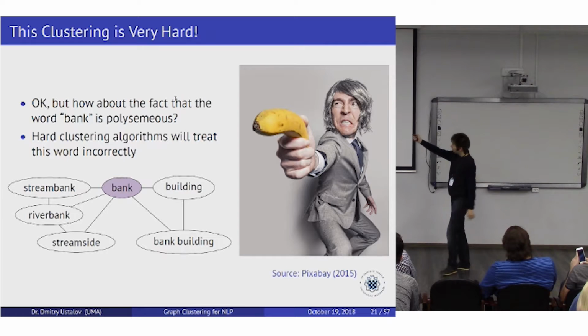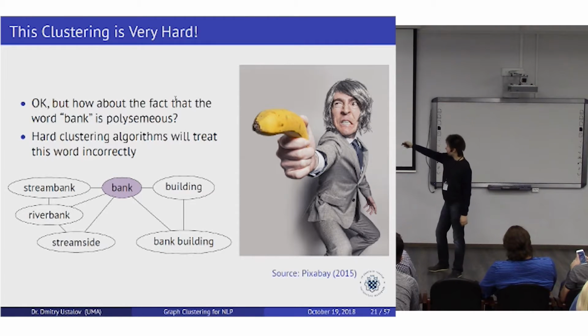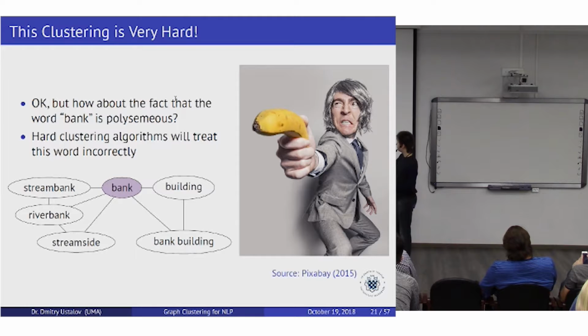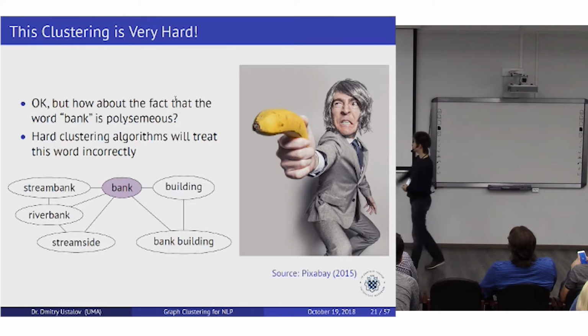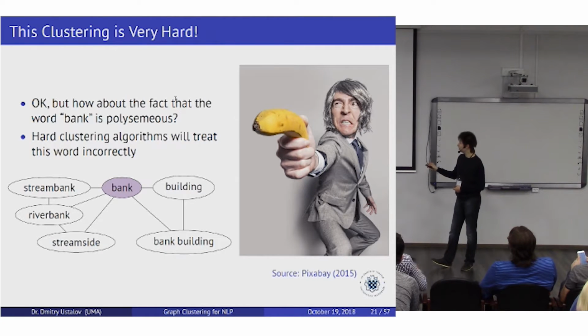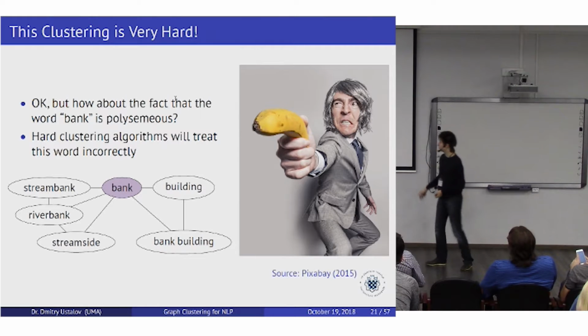Look, suppose you have this graph, maybe some relatedness graph, maybe some co-occurrence, never mind. And you have the node bank. And the node bank is ambiguous, is polysemous.